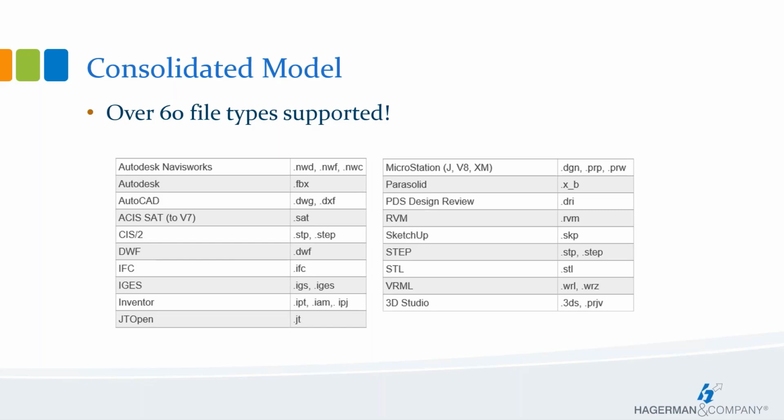For example, if I was working in, let's say, AutoCAD or another predominantly 2D application, it might be hard or impossible for me to import or XREF a Revit or other 3D model.